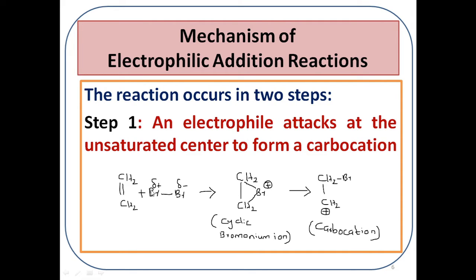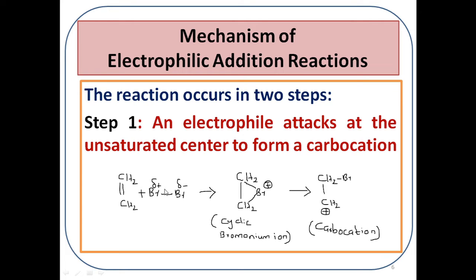And this slightly positively charged bromine will attack the pi electron cloud of the alkene to form a carbocation. Actually, a cyclic bromonium ion is suggested as the mechanism, which we will be discussing in the coming slides.